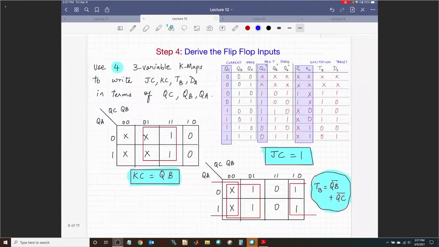How about next? TB is QC NAND QB. Or I could put an OR gate with this. Any which way will work, right? So let's say I use QB complement and QC complement, put them through an OR gate and go into TB.